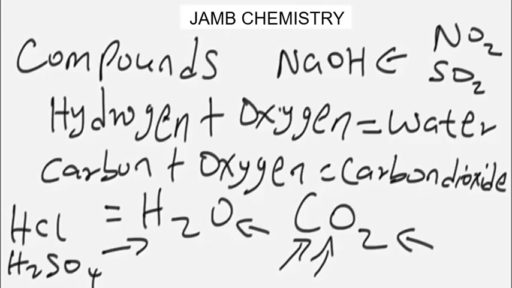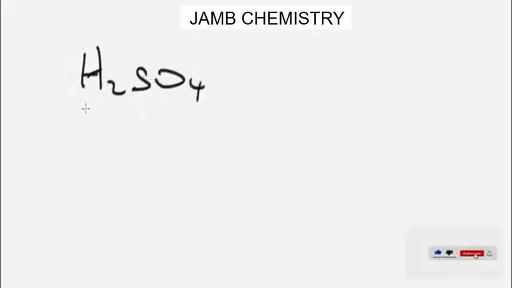Another typical example is sulfuric acid. Here we have two atoms of hydrogen, one atom of sulfur and four atoms of oxygen in this compound sulfuric acid, or tetraoxosulfuric acid.